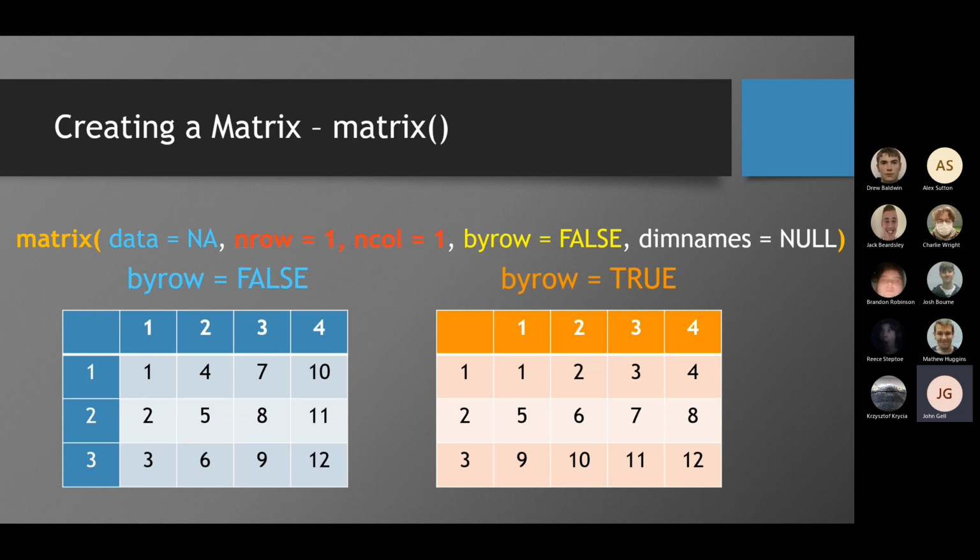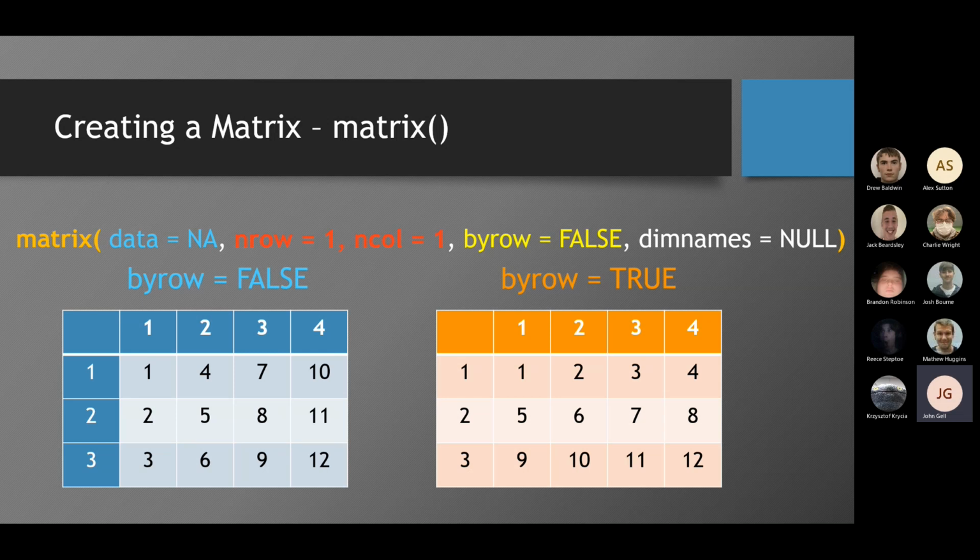So what Charlie's just said is, if I'm going to bend the data, so effectively I've changed the number of rows to 3, number of columns to 4, yes? That's what I've set to start with. But if it's by row equals true, it's going to divvy that data up, distribute that data by row. So if I've got 3 columns, 4 rows, it's going to go by row first, 1, 2, 3, 4.